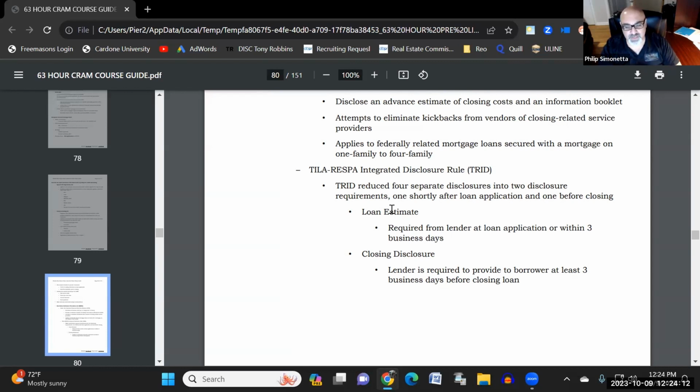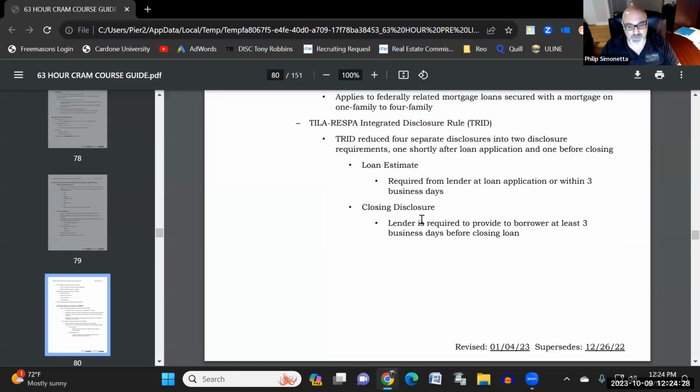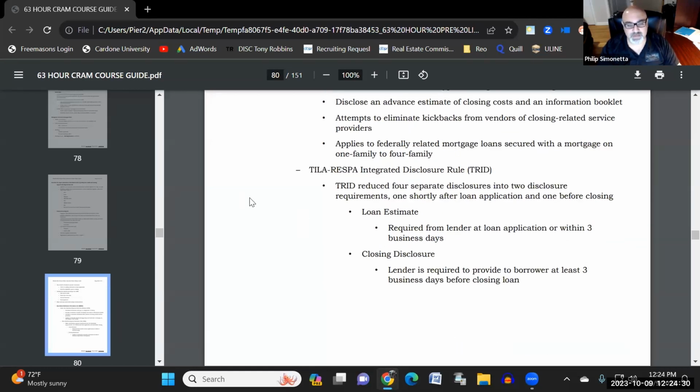That is required from the lender at the application or within 3 business days after you do the application. And a closing disclosure is what the lender is required to provide to the borrower at least 3 business days before closing a loan, buyer, of purchase or a refinance. Okay. So if you're closing your loan on Friday, you must get it to the client by Monday, and they have to have 3 days to review it, right?